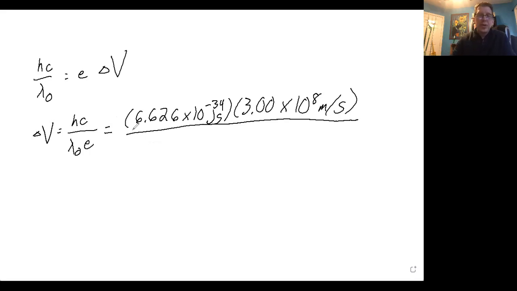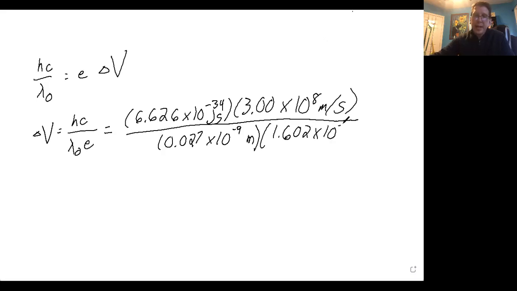Lambda naught we are given, that's 0.027 times 10 to the negative 9 meters. And e is 1.602 times 10 to the negative 19 coulombs. And this will give us a potential difference.